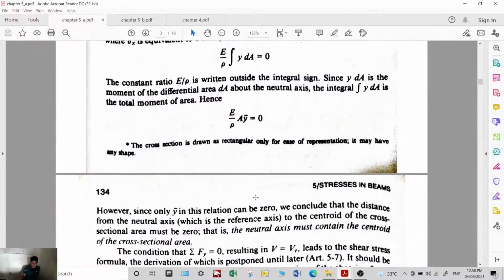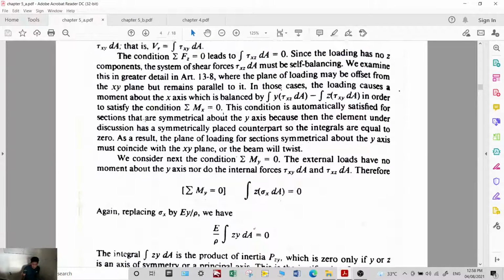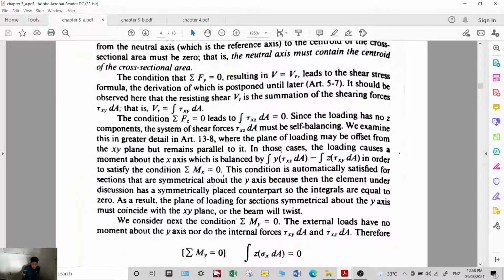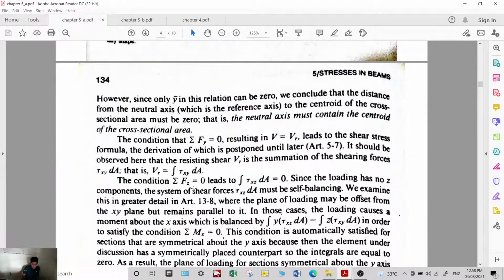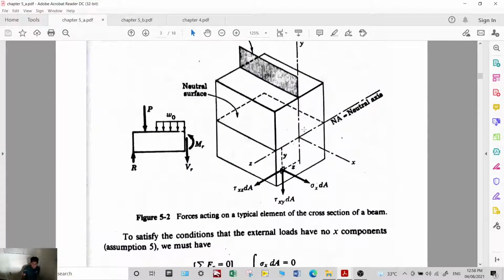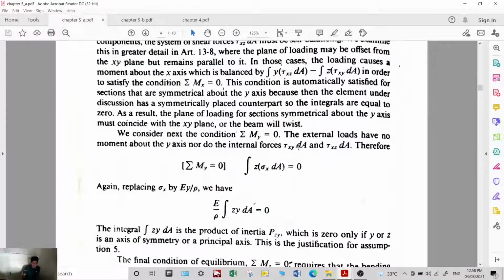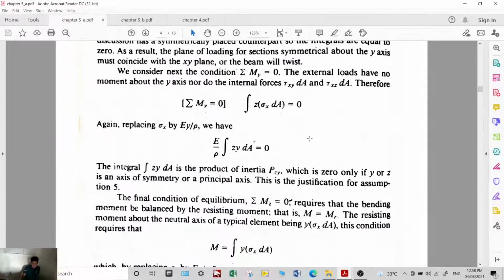Again, we will not go on with this. What he did here was apply the summation of forces along x, y, and z, and get the summation of moment along x, y, and z. Okay? So he did more here.